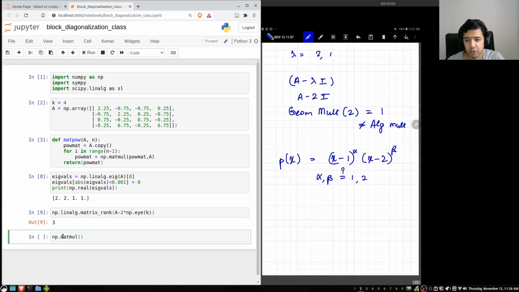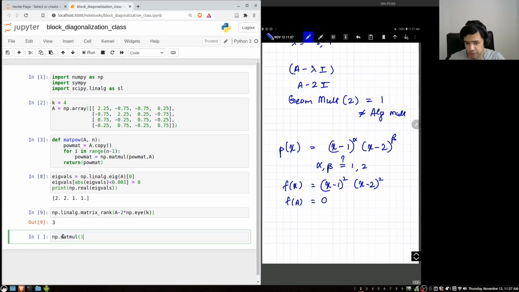Clearly x minus 1 the whole square times x minus 2 the whole square is the characteristic polynomial f of x, and we know that f of A equals 0 from the Cayley-Hamilton theorem.